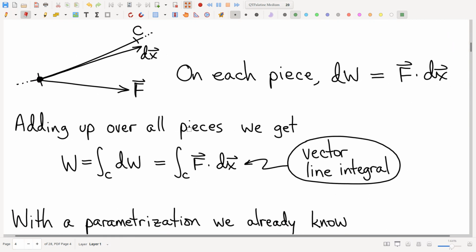So in particular, I am somewhat creeped out by the fact that I've got a differential that's a vector. We've never seen an integral with a differential that's a vector. What is that all about? How are we going to deal with that? So anyway, I just want to acknowledge the creepiness.